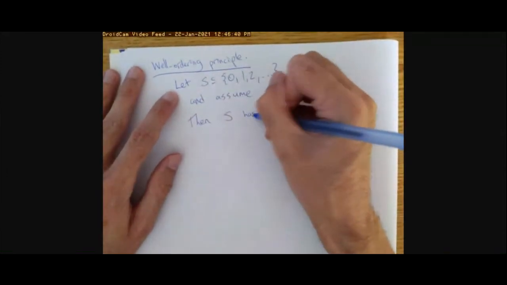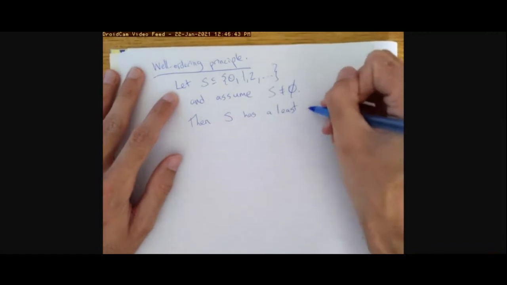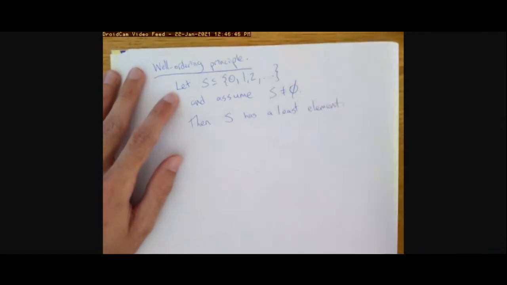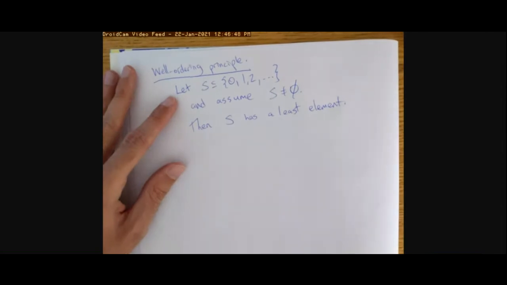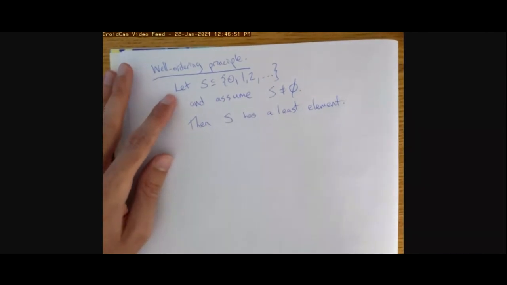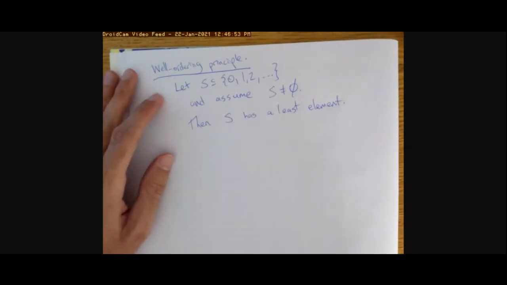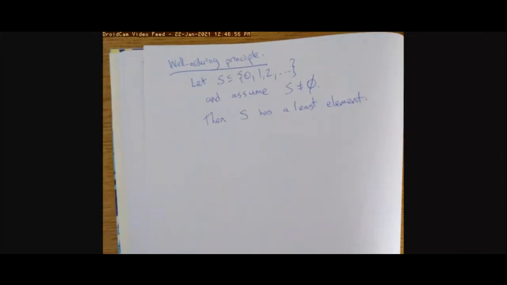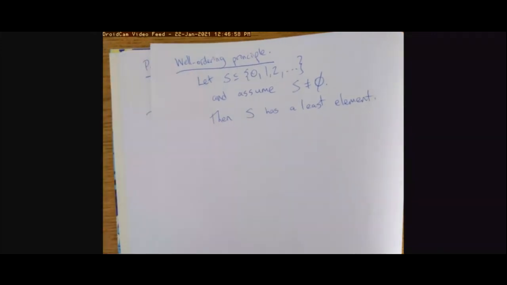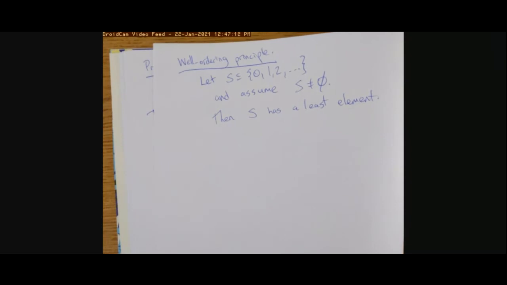Then S has a least element. And these three statements, induction, strong induction, and well-ordering principle, you can assume they are axioms of the natural numbers, and you can use whichever one is most convenient for you.